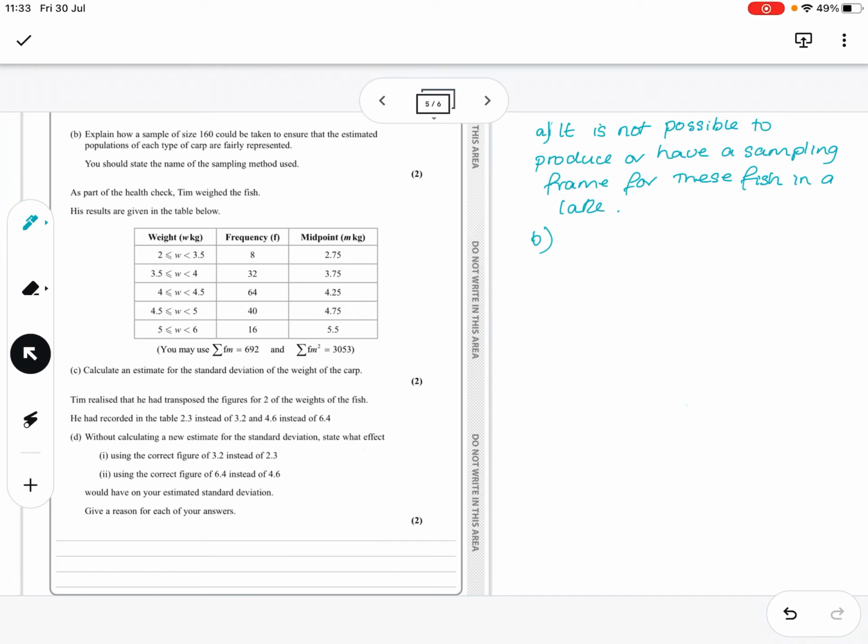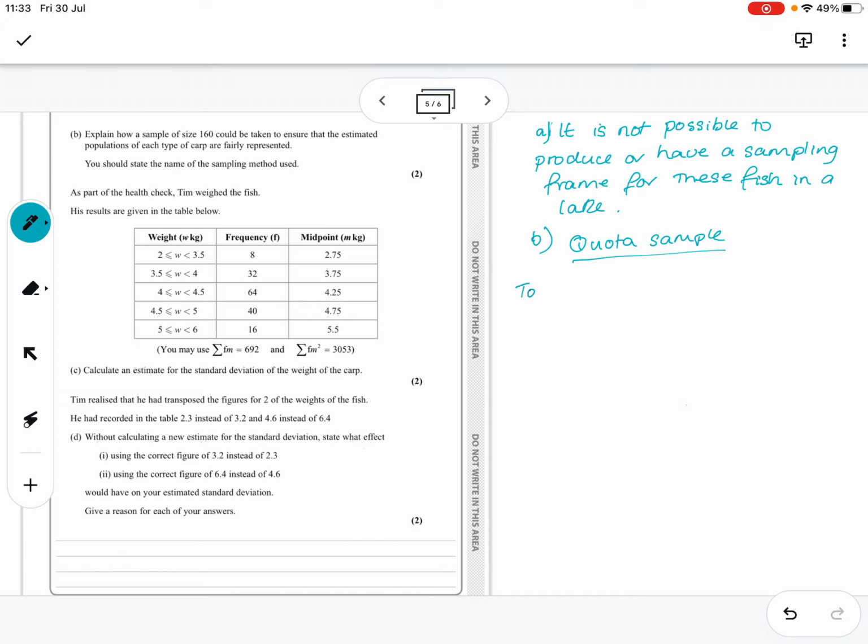Okay, explain how a sample of 160 would be taken to ensure that the estimated populations of each carp are fairly represented. Use the name of the method, so I've already kind of mentioned it. This is quota sampling. You're going to specifically say I want some of each, and you want it to be representative.